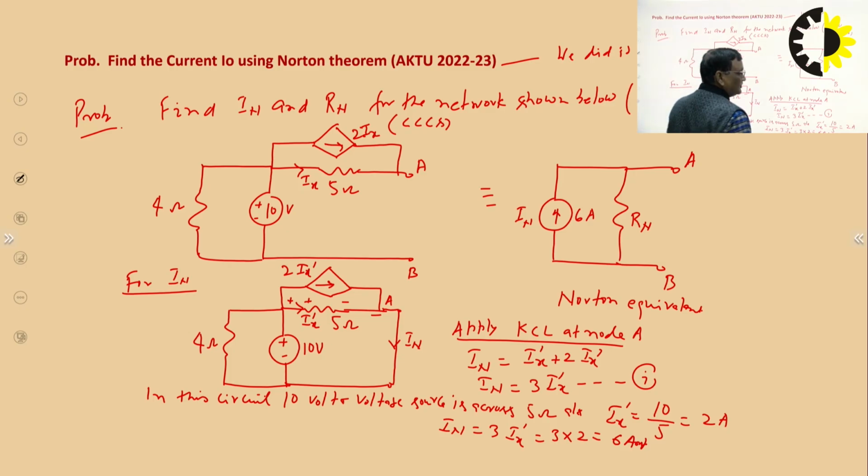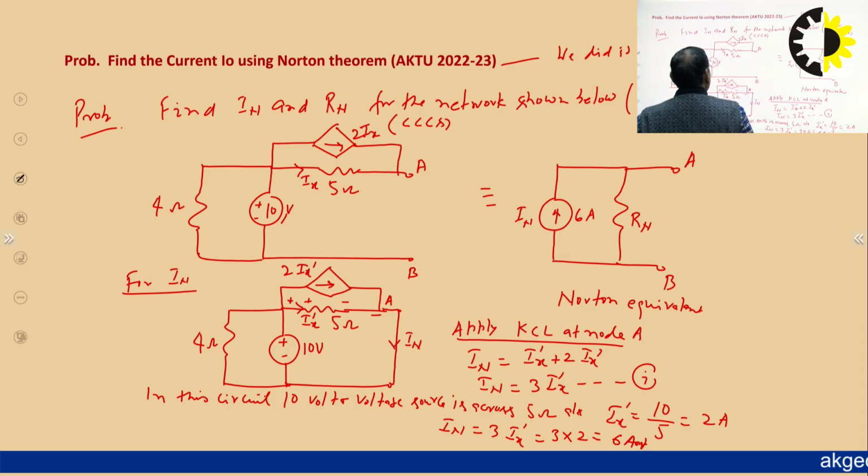The procedure to find the Rn is either go for the VTH to the ISC, open circuit voltage to the short circuit current ratio, or take a pseudo voltage source across this AV terminal, replace this independent energy source by the internal impedance, and try to find the ratio of VDC upon IDC. So we will just discuss both the procedures.